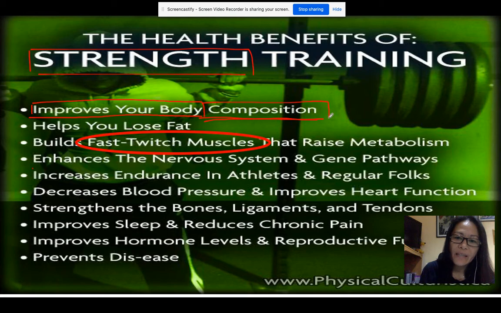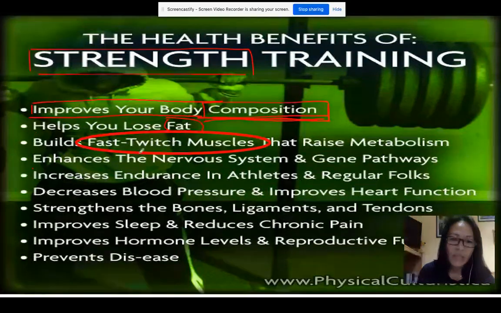Mas lalaki yung mga muscles, lean muscles ninyo. Hindi lalaki ang tiyan, no? Ang mga muscles ang lalaki, hindi ang tiyan. Helps you lose fat because big muscles are fat burners. Kusog na sila mo burn ng fat kasi nga they are using energy, no? Builds fast twitch muscles.